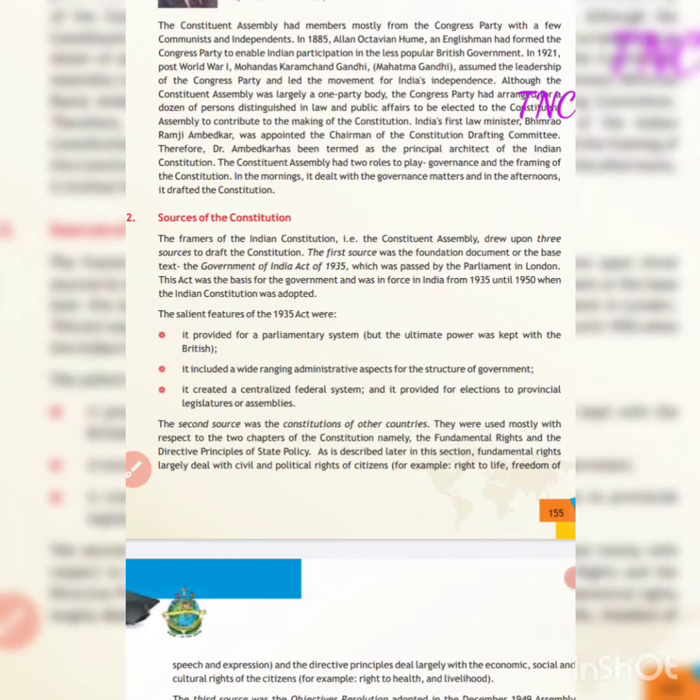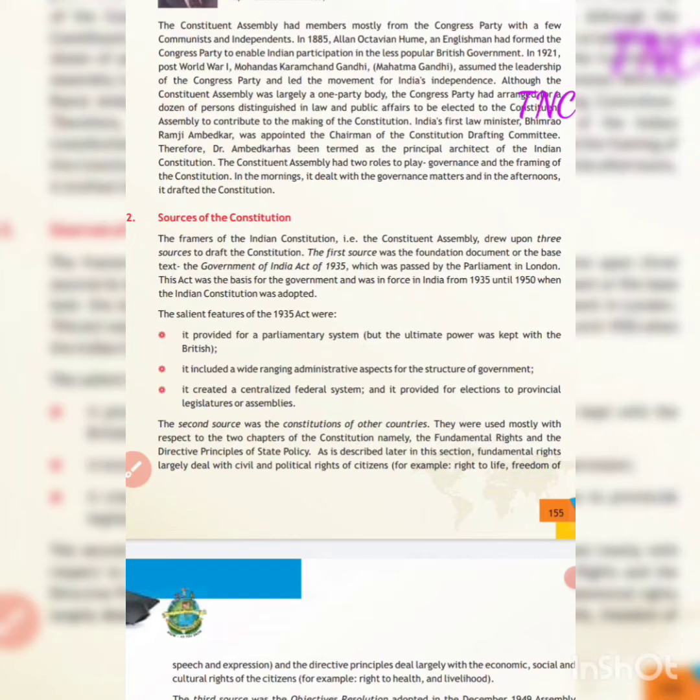Debates were done regarding the passing of this act in British Parliament in London, because at that time Britishers were still ruling over us, and this act brought about major changes in the manner in which the Indian governance system was organized at that time and also after India got independence.